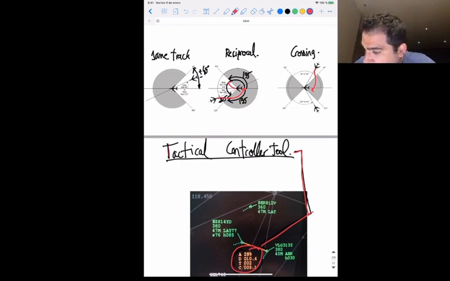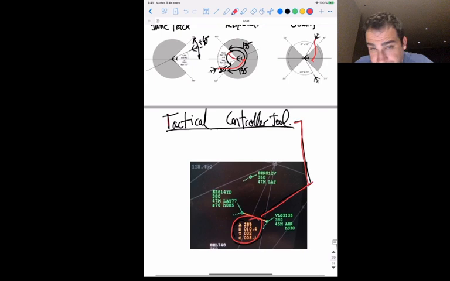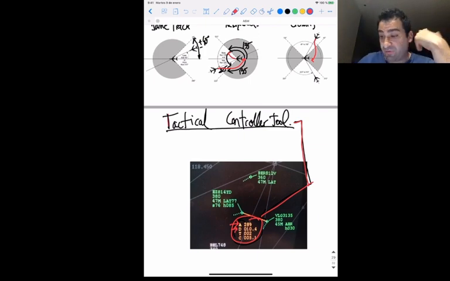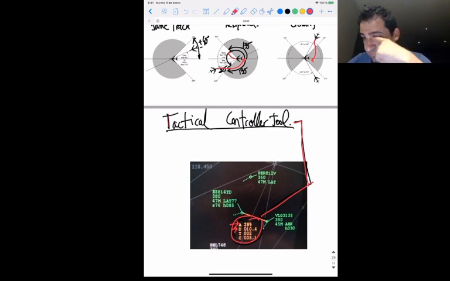But here we have information on the varying. So what is the angle between these two? This here, right? 289. Then what is the actual distance? 10 nautical miles. So it's providing information about the configuration of the crossing.